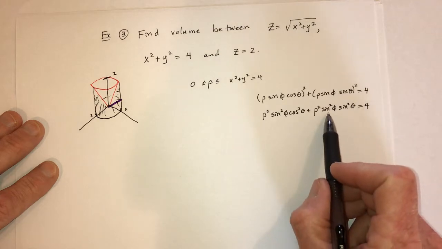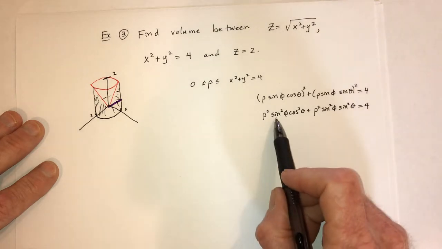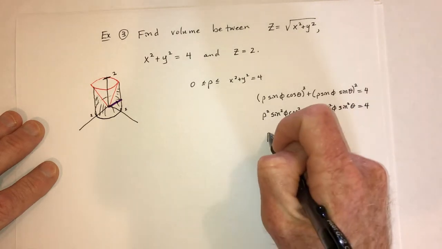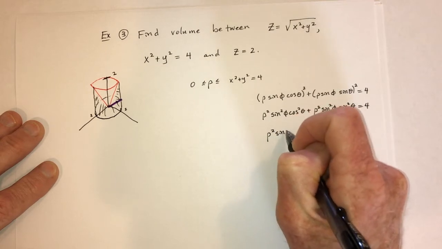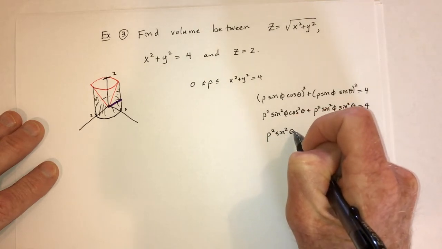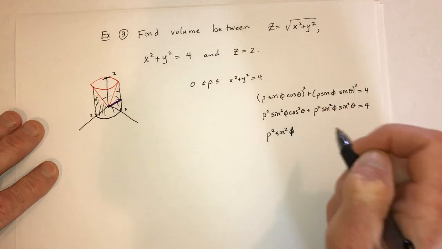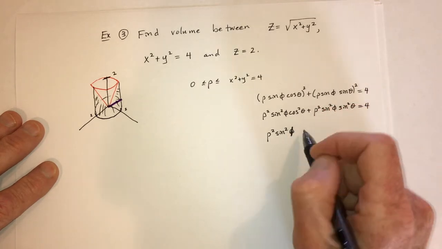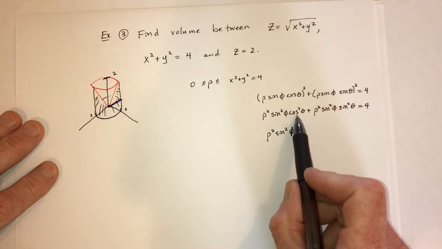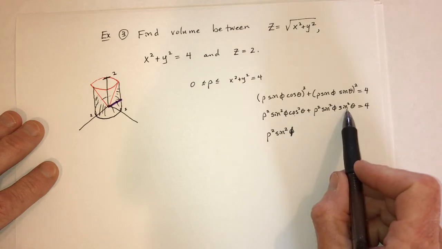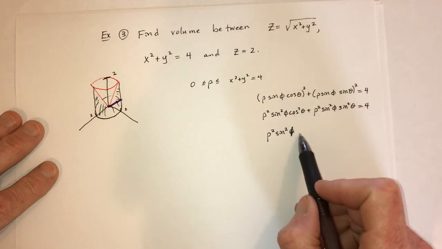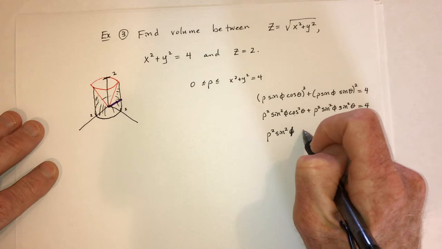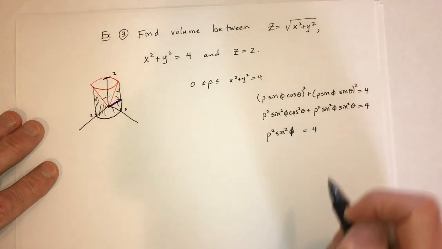And like previously, we could factor out the rho squared and the sine squared phi. And when you factor it out, it's going to leave cosine squared plus sine squared, which is just a 1. So you could put times a 1. And then it equals 4.